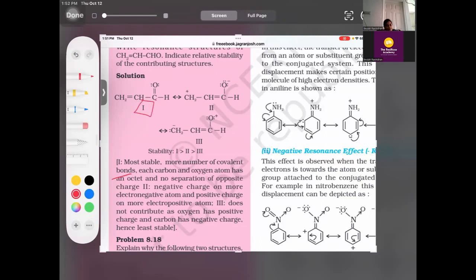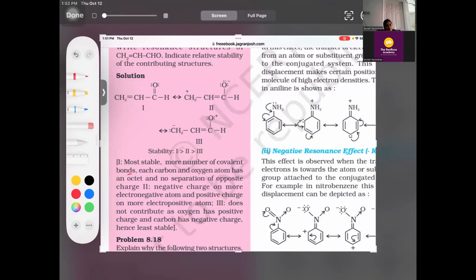Each carbon and hydrogen has no separation of opposite charge, like delta plus and minus, like you have seen here. Such opposite charges or polarity would be a real separation between the two atoms. So there must be no separation between opposite charges. That is the most stable case.